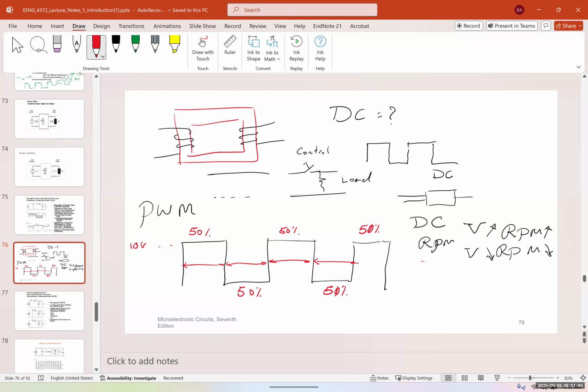If I want to get the average of this signal, how much voltage do I see on average? 5 volts, perfect. The maximum voltage is 10 volts, so if I take an average, it's going to be 5 volts. Okay. How do I take an average from a pulsating DC signal?